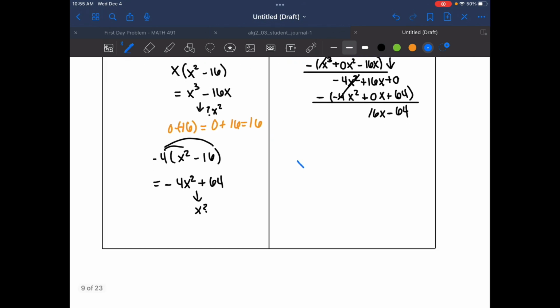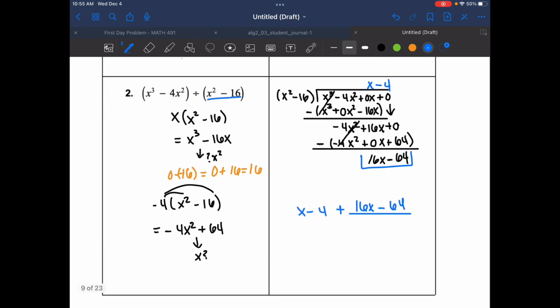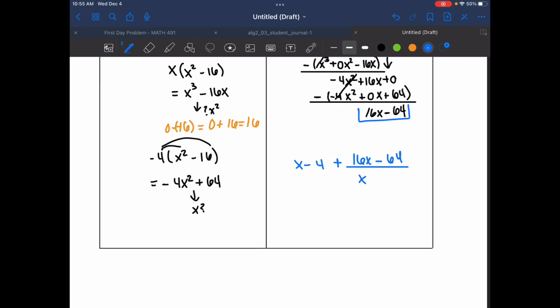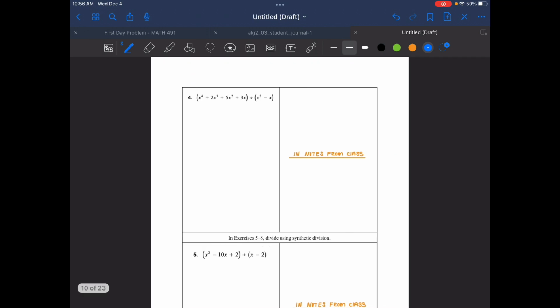Okay, so the answer is going to be x minus 4, plus your remainder, 16x minus 64, over this piece of information here, x squared minus 16, okay? And that is how you write the final solution with a remainder, okay?